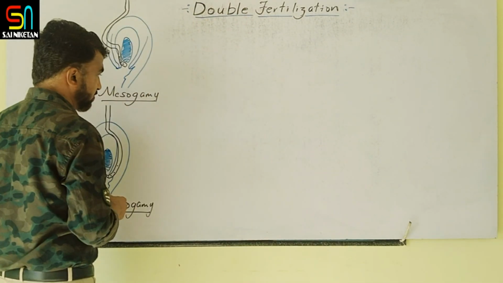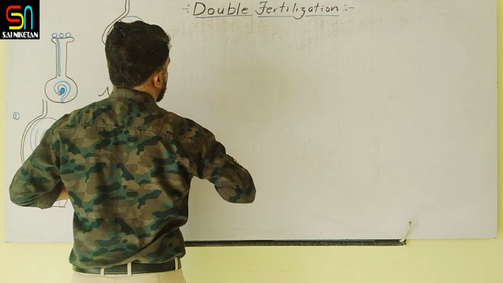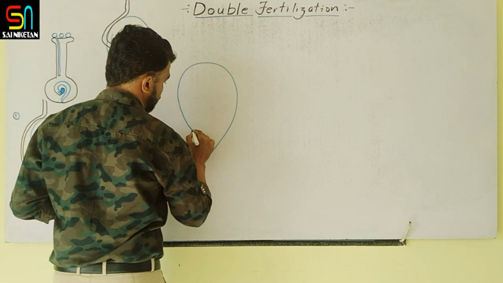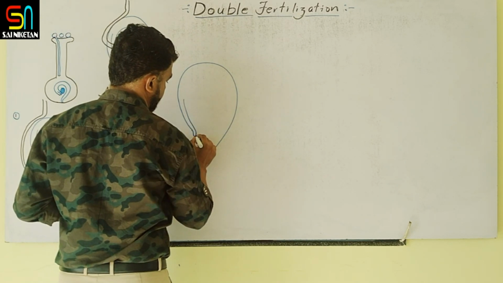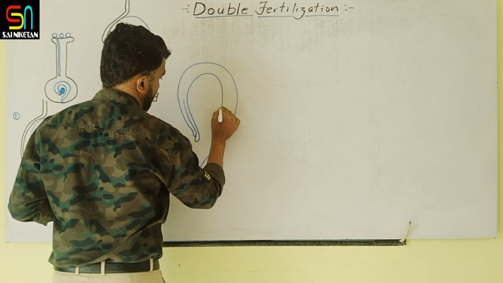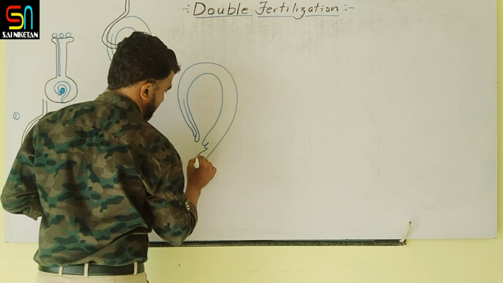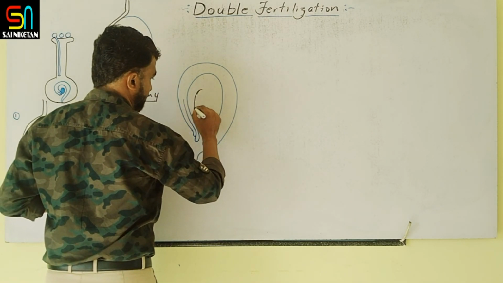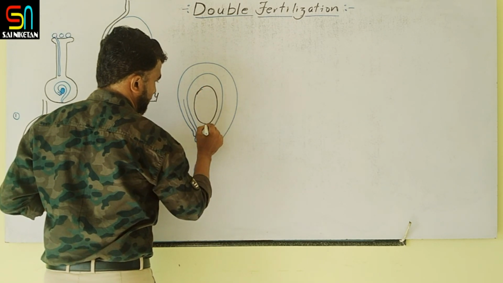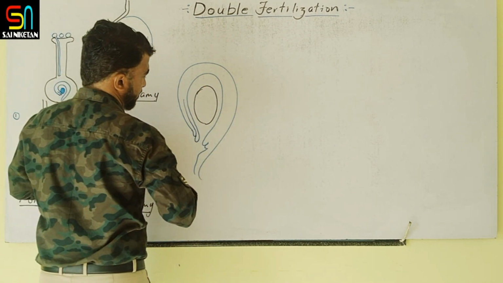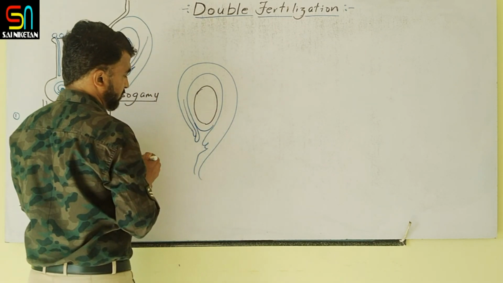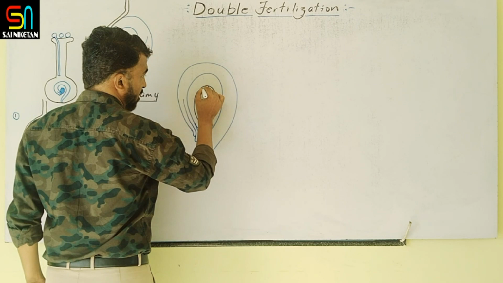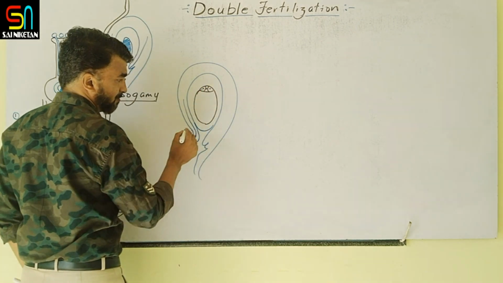Now, what happens? This is an anatropous ovule, this is the embryo sac, and this is the nucellar tissue. In the embryo sac, three cells are present toward the chalazal end. These are called antipodal cells.